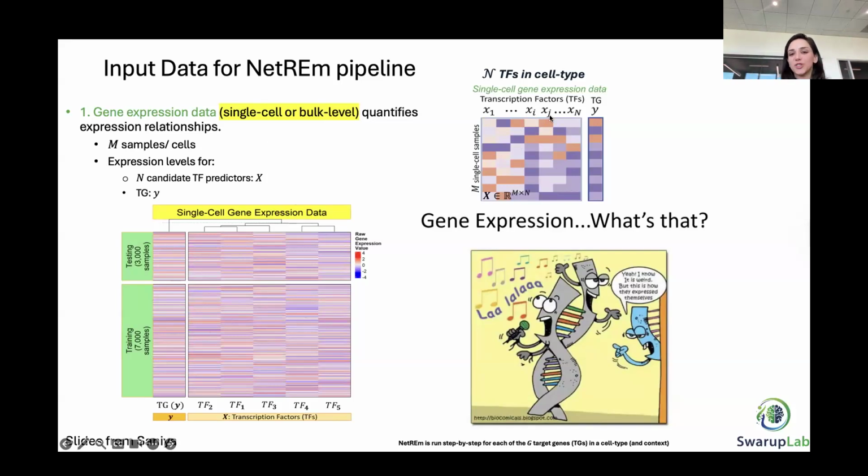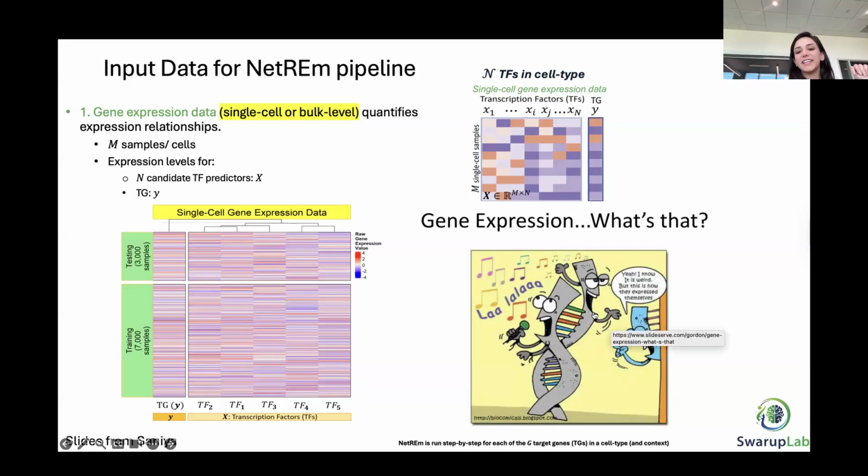The goal of this slide is just to show that you need the gene expression data. You can decide however you want to split your data set if you want to do the predictive modeling. Every row is a sample or a cell, and every column is a transcription factor expression.